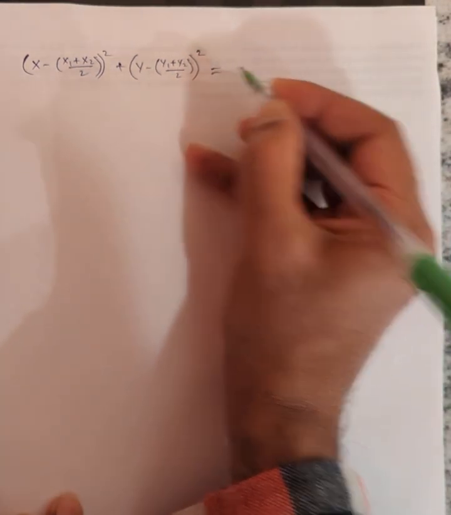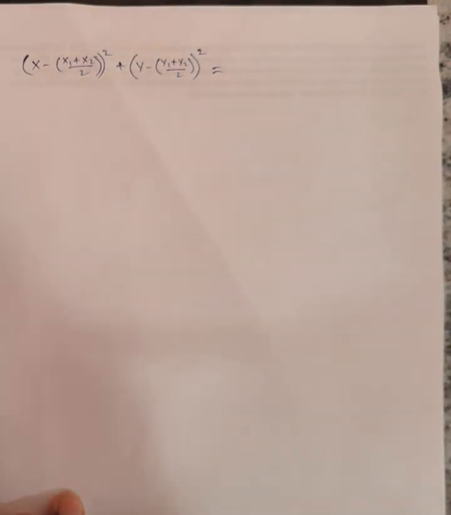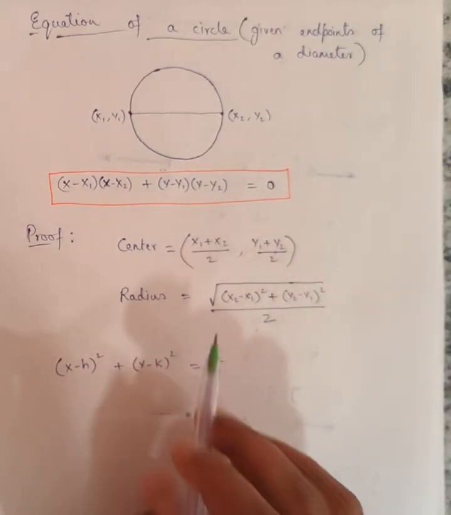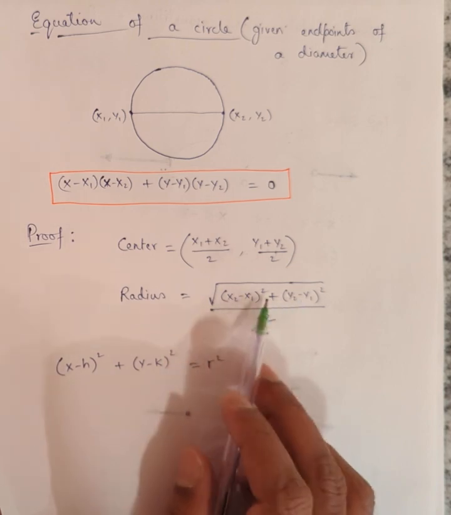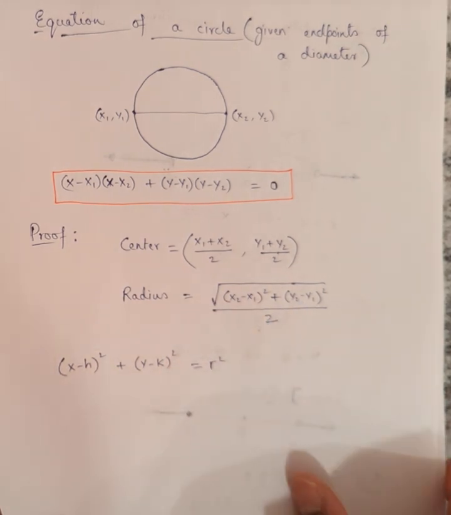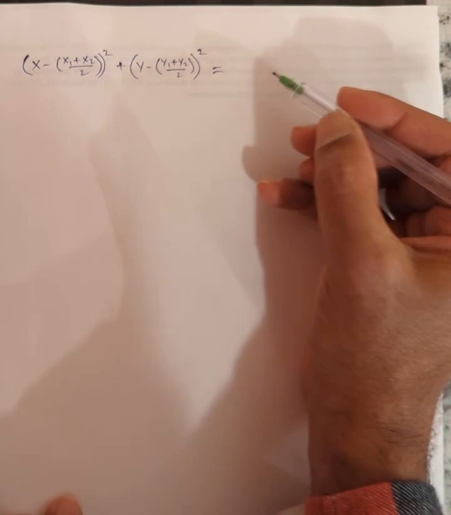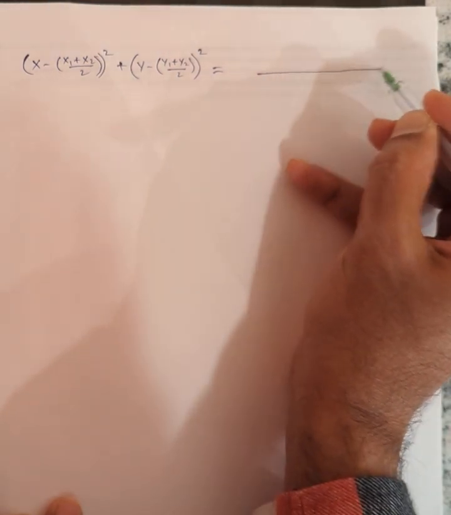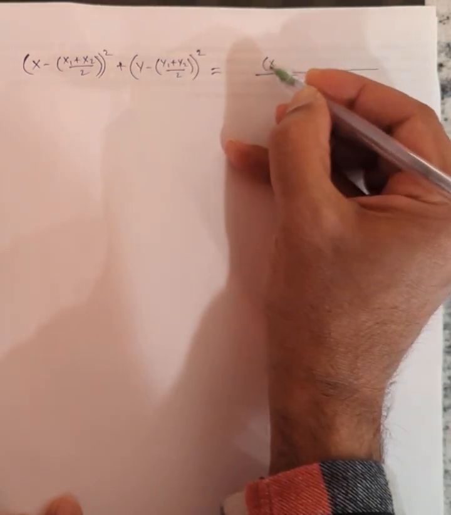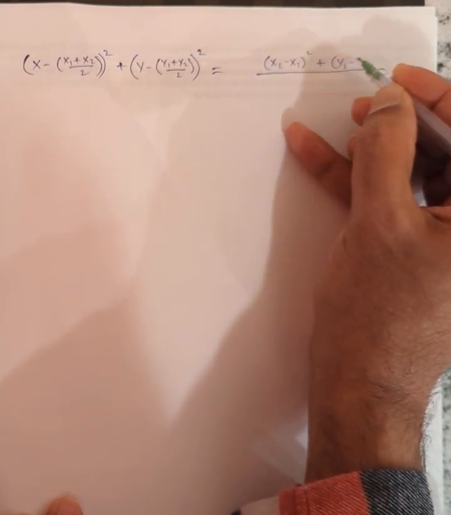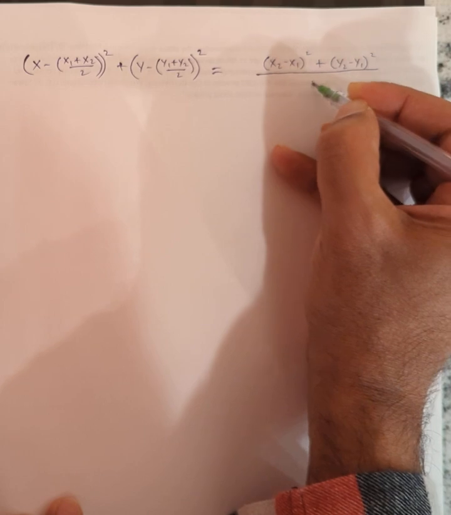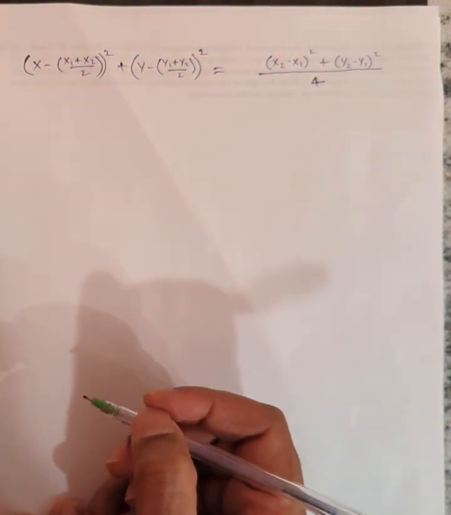And that is equal to r. r is this quantity, but I'm going to square it, so the square root will disappear in the numerator and the denominator would have 4 in it. So it's going to be a fraction where the numerator is (x2 minus x1) squared plus (y2 minus y1) squared, and the denominator is 4.